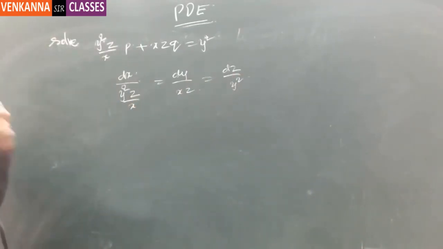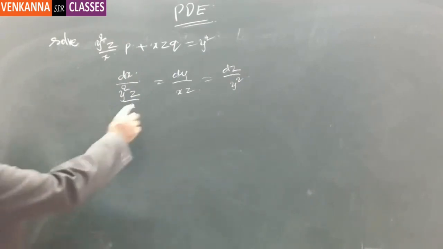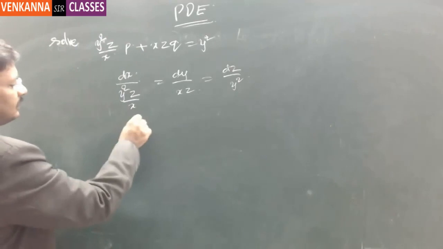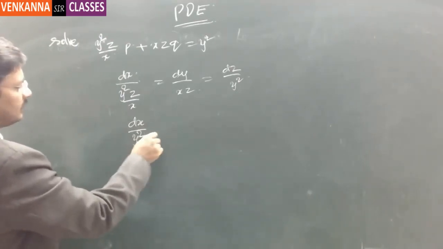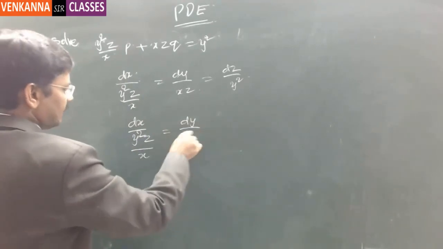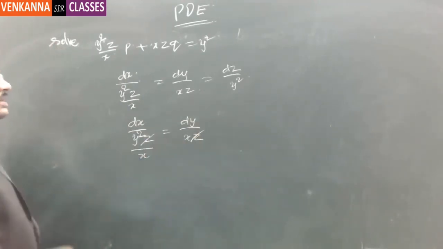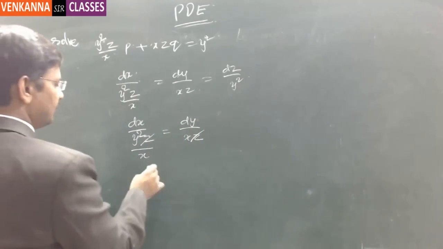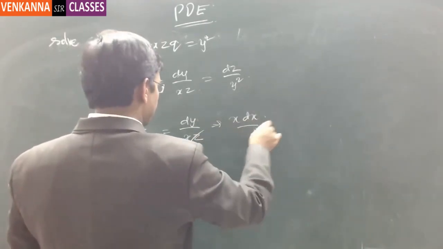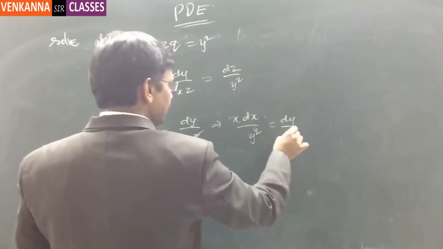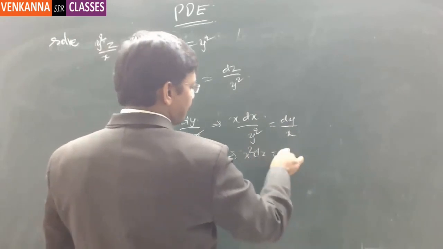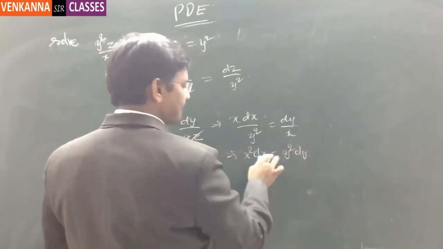Now you can take any two. So first we'll take these two. dx by y square z by x is equal to dy by xz. Now this z you can cancel out, and then this is x dx by y square is equal to dy by x, or x square dx is equal to y square dy.